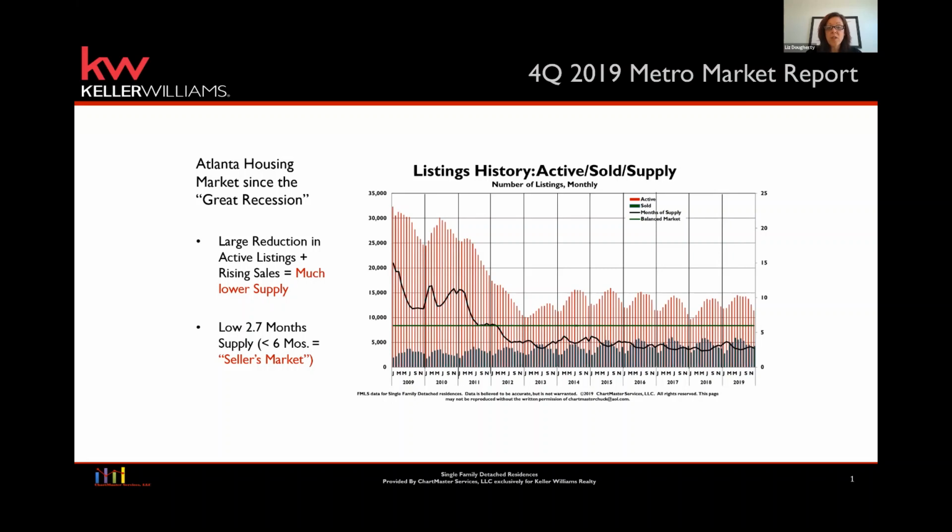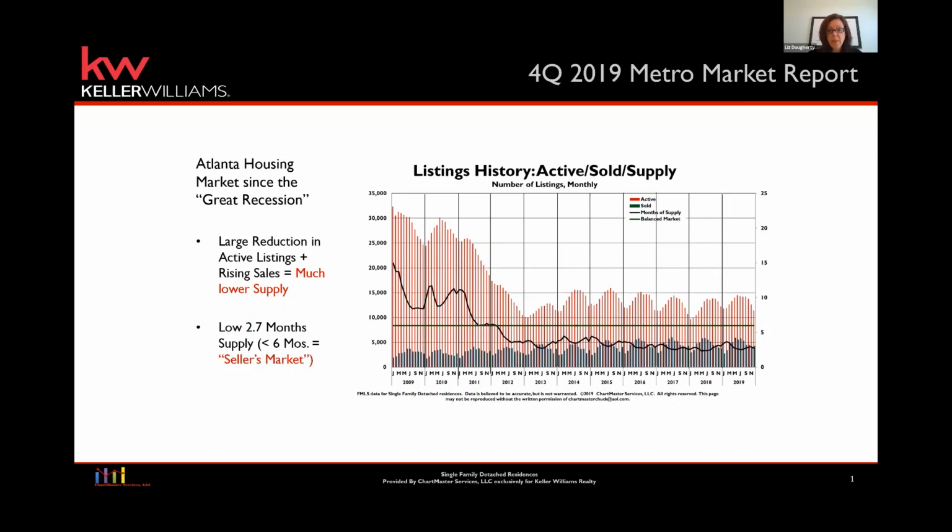It's a great visual. They can see the history of what's happened, and it goes all the way back to the downturn in 2009. It's a great visual for buyers and sellers to see. So this is a good one to show. It's showing the active listings.